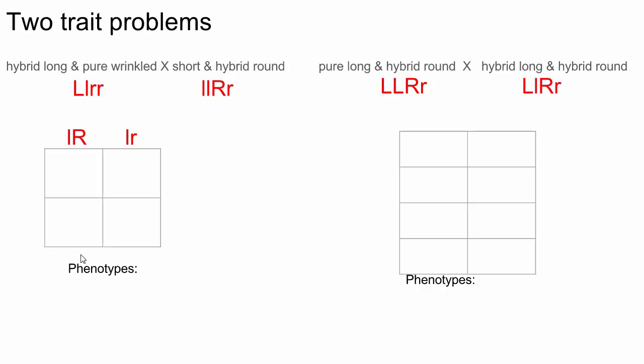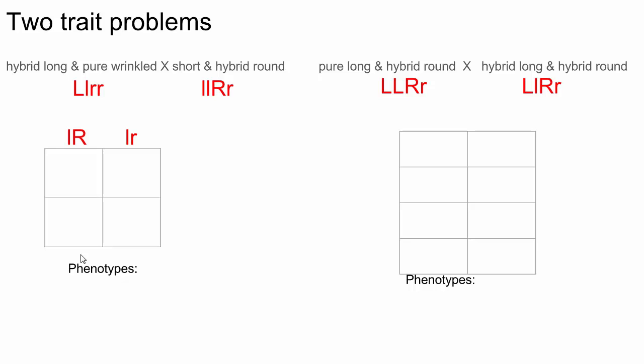There's no other allele that they could inherit. When we look at the allele for wrinkled versus round, they may get the big R, or they may get the little r. So for this plant, there's only 2 possible gametes that could be produced, and they're listed here: little l big R, little l little r.